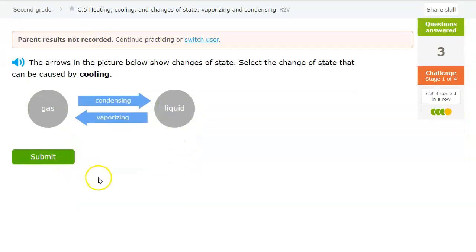Let's do one more, and then I know you can do it on your own. Select the change of state that can be caused by cooling. So do you take a liquid and cool it down to get a gas? Or do you take a gas and cool it down to get a liquid? It's pretty easy, huh?